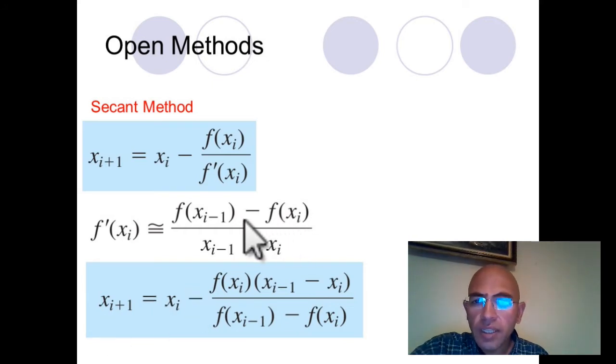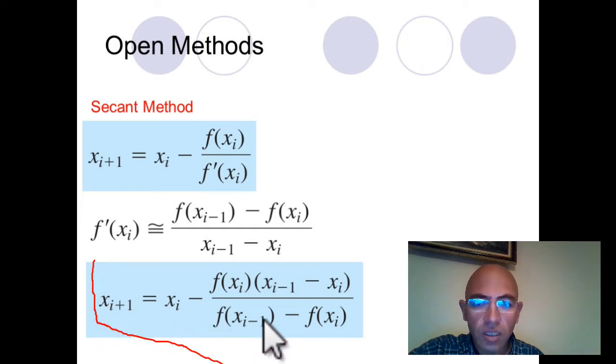At the moment, we can simply approximate a derivative by taking the difference between two values of the function and dividing it by the difference of the x coordinates. Then we can substitute the approximation for f prime of xi into the expression. As a result, we will obtain this expression.